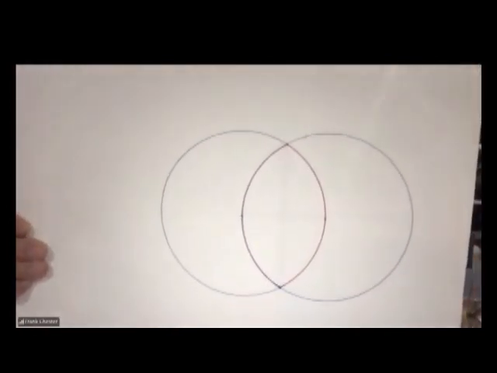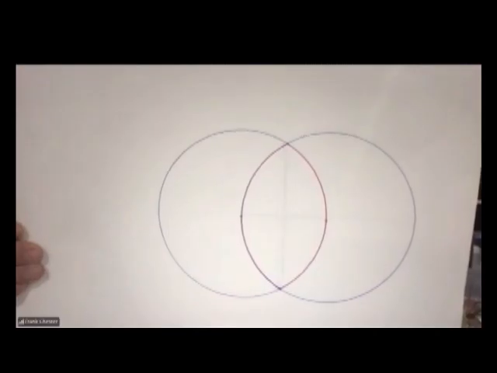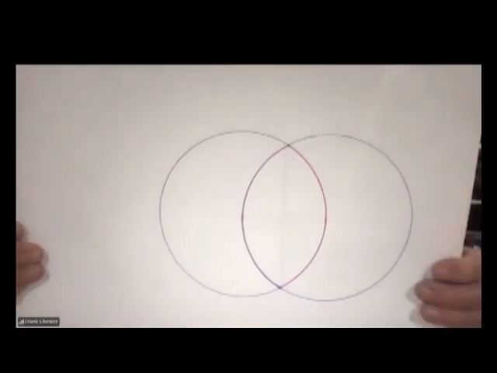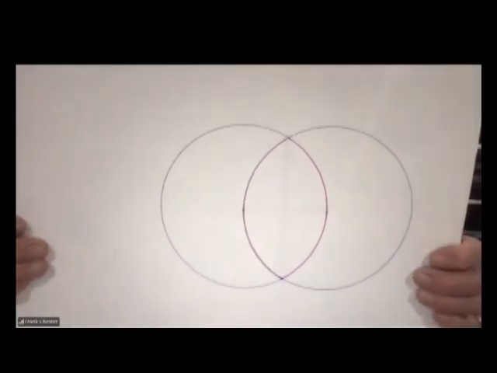So this orange almond shape in the middle, or kind of reddish or pinkish, is the vesica. And the vesica is made from two circles. The two circles are identical, and you put the center of one on the periphery of the other, and the center of the other on the periphery of the first. When you combine those two, you get the vesica.